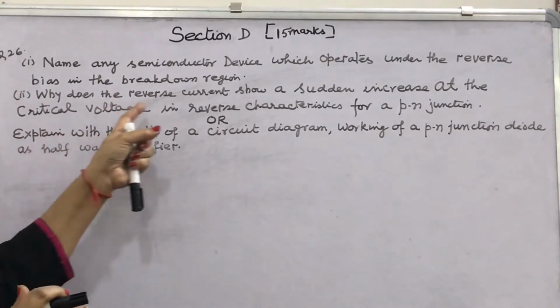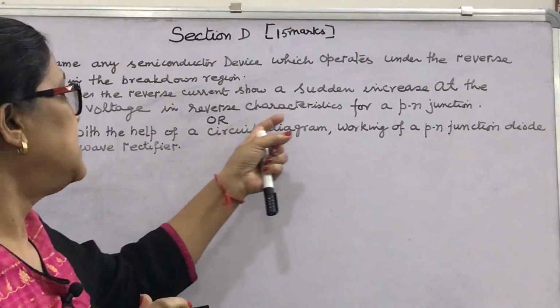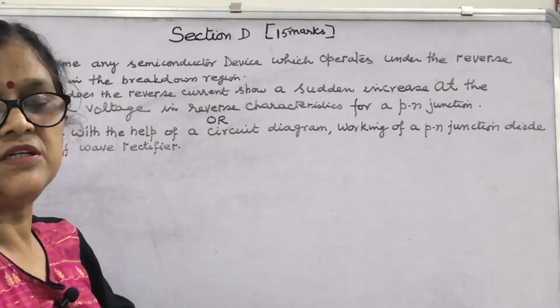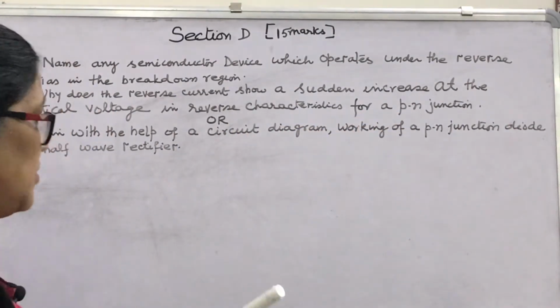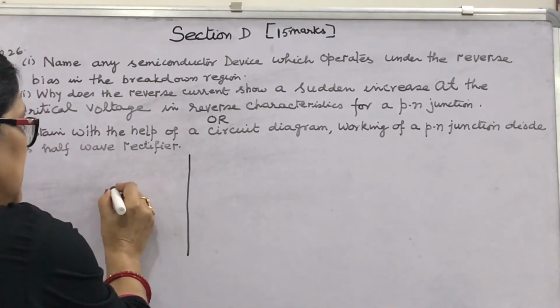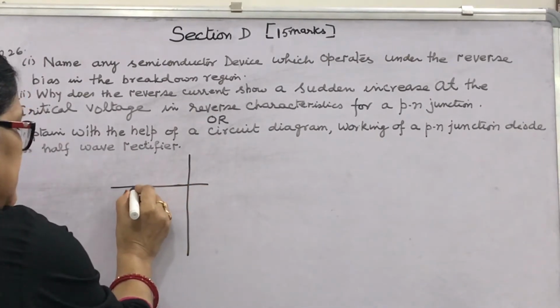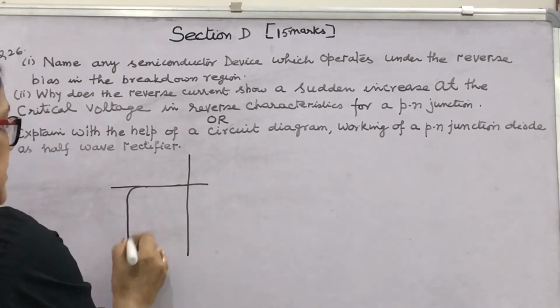Second, why does the reverse current show a sudden increase at the critical voltage in the reverse characteristics of a PN junction? Let us discuss the reverse characteristics of the PN junction Zener diode.